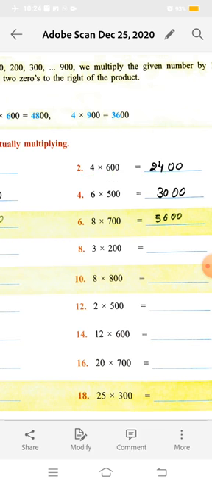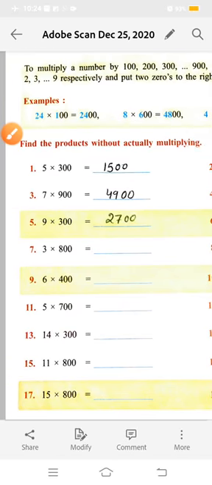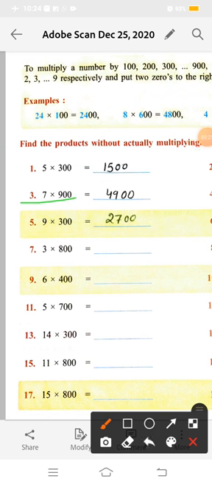Okay, now the third number, 7 multiply by 900. So now what will we do? We will multiply 7 into 9. Okay, so 7 nines are 49. Okay, now again we have 2 zeros. So put 2 zeros to the right of 49.